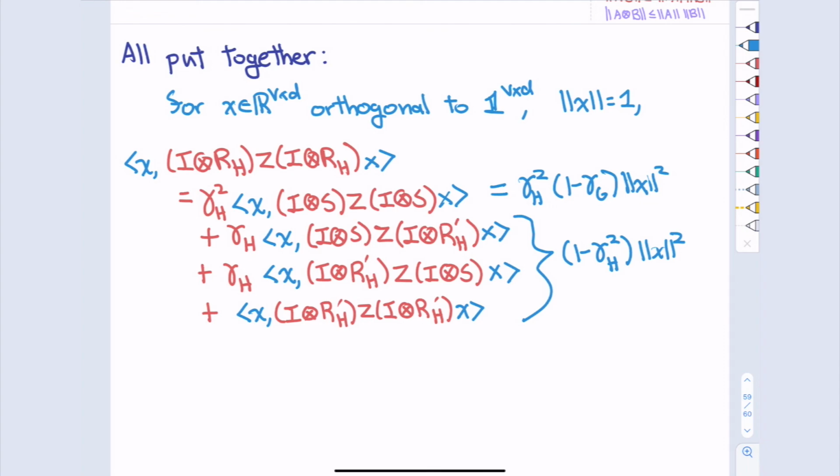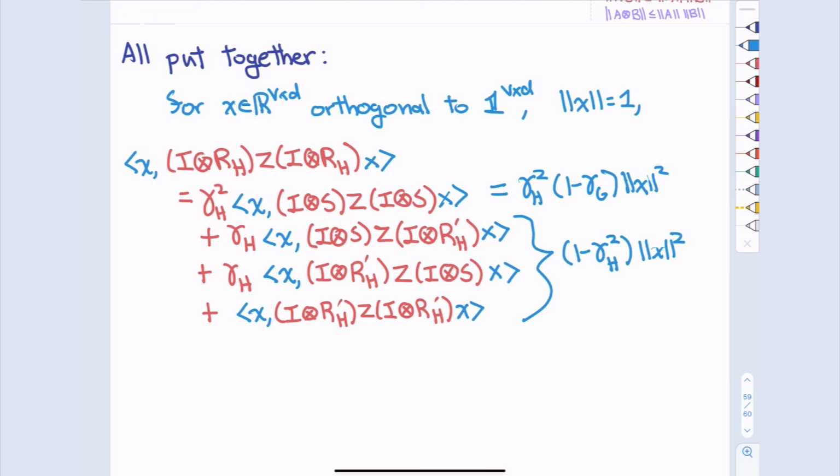This is coming from taking the operator norm down here, and down here, just keeping in mind that it's orthogonal to the all ones vector, and so you're left with 1 minus gamma g. That's either mu2 or negative mu n.